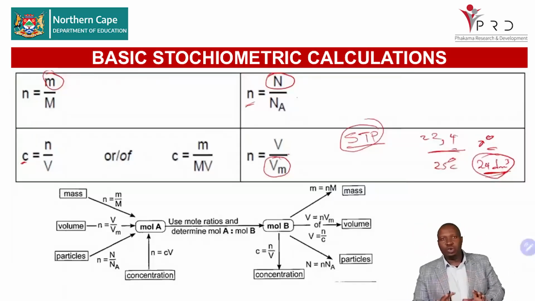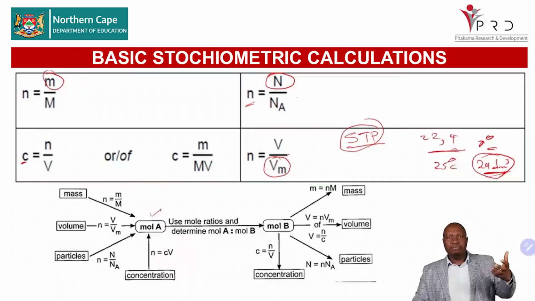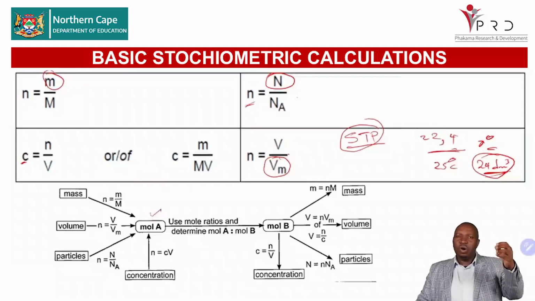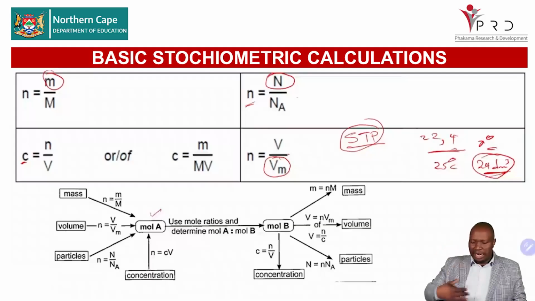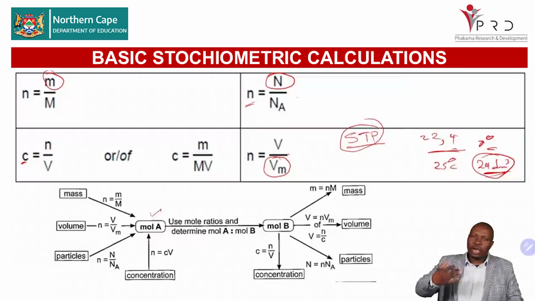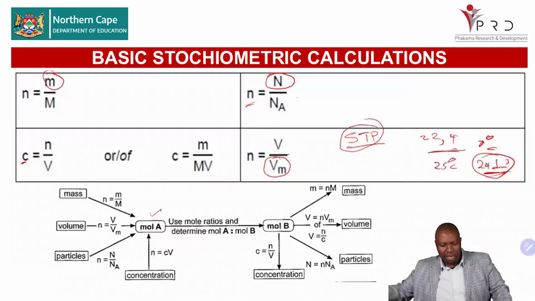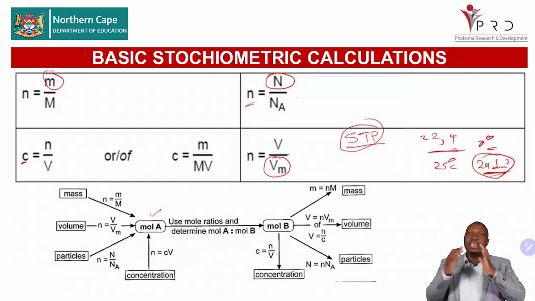And if you are able to use these equations, we are saying if you know the moles of A, because most of the time you are given information based on reactant A, or on the product, you are going to use what you are given to get what you want. So the only way to move from what you know or what you are given to get what you want is to get the number of moles.